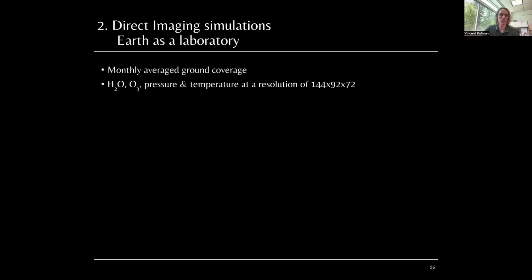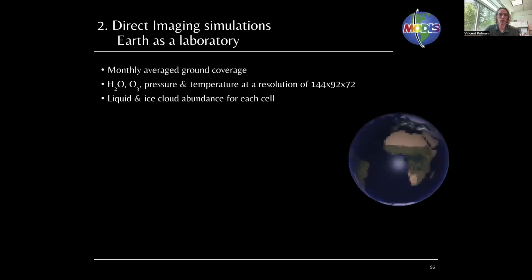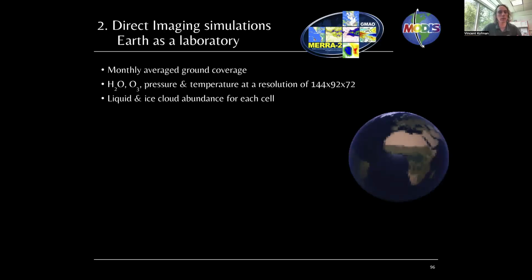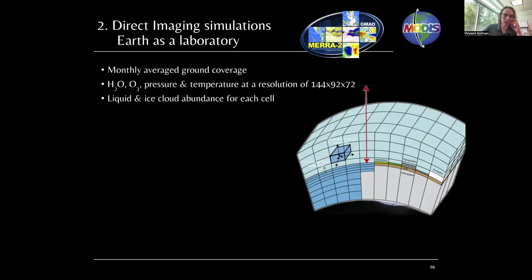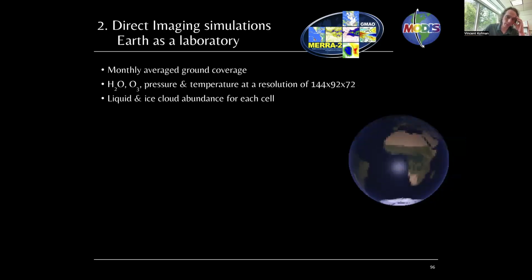On the next slide, I broke down what we've been studying. We use monthly average ground cover, so it's in the bottom right. You can see the monthly variation there. It's one back, Mike, if you want to pull that one up. Yeah. So here we see the subsolar point, and we see Earth without clouds, and you see the sea ice abundance varying, and you see the snow cover varying.